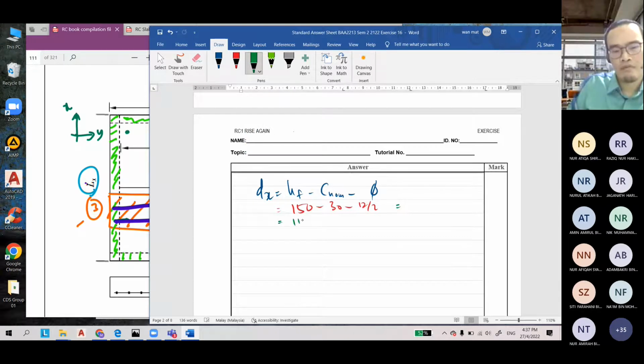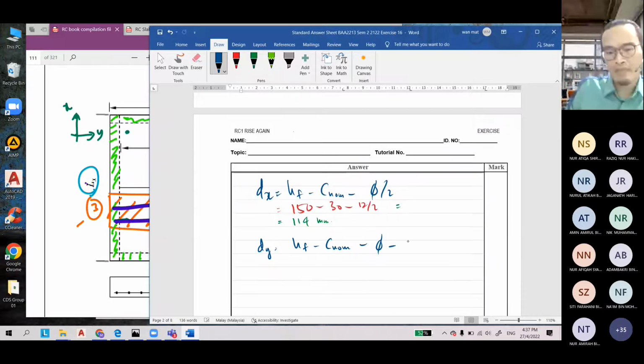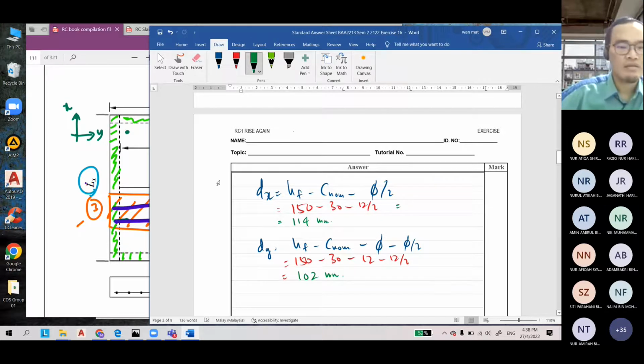And then the Dy is equal to hf minus c nominal minus diameter of bar, and then another half for the blue color bar over 2, equal to 150 minus 30 minus 12 minus 12/2, equal to 102 mm. So clear.